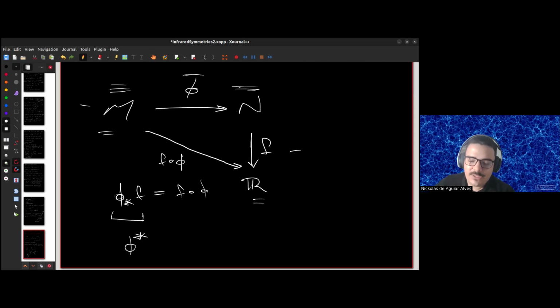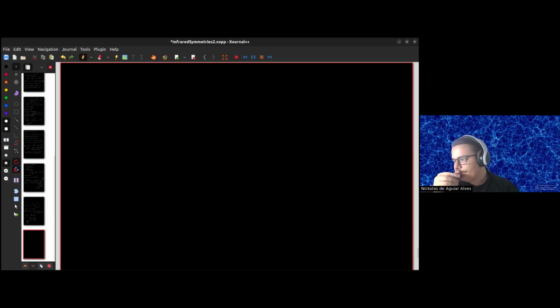And if you're reading a book in differential geometry, you should look out for this, or you might get confused. The notation I'm using is the same one that Wald uses in his general relativity book. So I think that at least in general relativity, it makes more sense to follow this notation here. But if you're studying differential geometry, you may need to be careful about this. So this is the first structure.